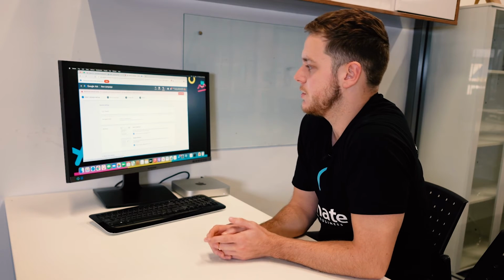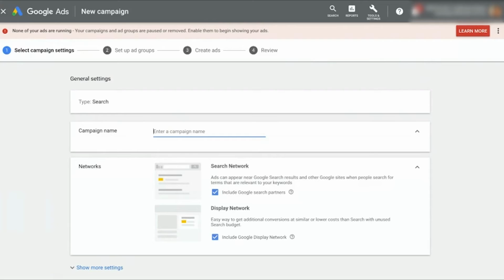If we were trying to, say, for example, sell a website design service, we'd call this campaign General Web Design, and we are obviously looking at people who are Google searching companies that can design their website.